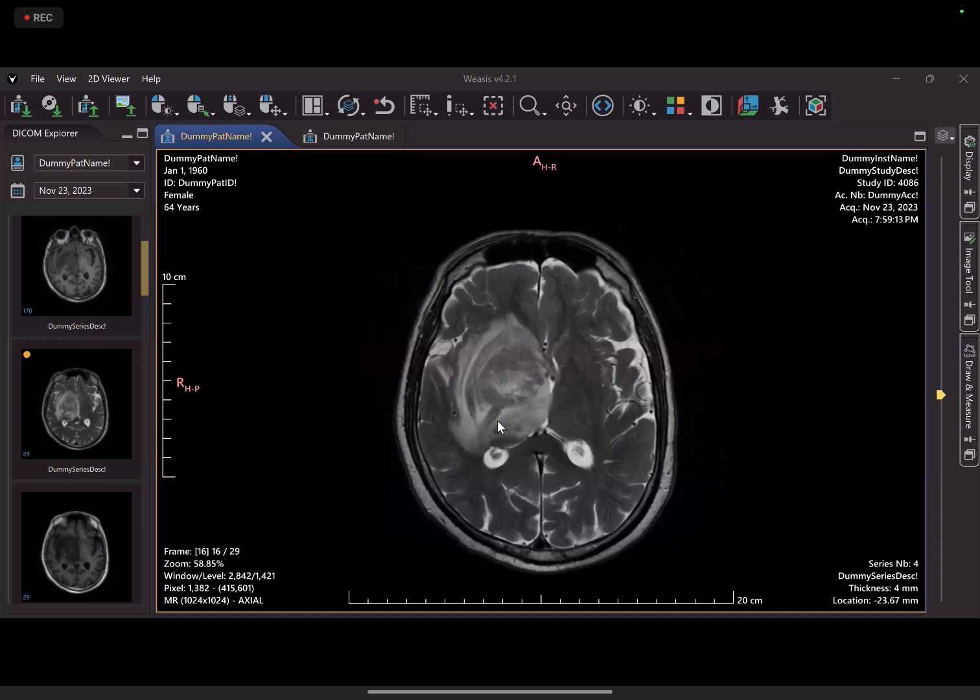So any other infective lesion you think can look like this in T2? Ma'am, TB and fungal, both. Okay, so a tuberculoma can also look like this. A fungal lesion can also look like this. How will you tell whether it's a tuberculoma or not? What tells you that this is not a tuberculoma? Ma'am, homogeneous enhancement. Very good. And intense diffusion restriction in the entire lesion, right?